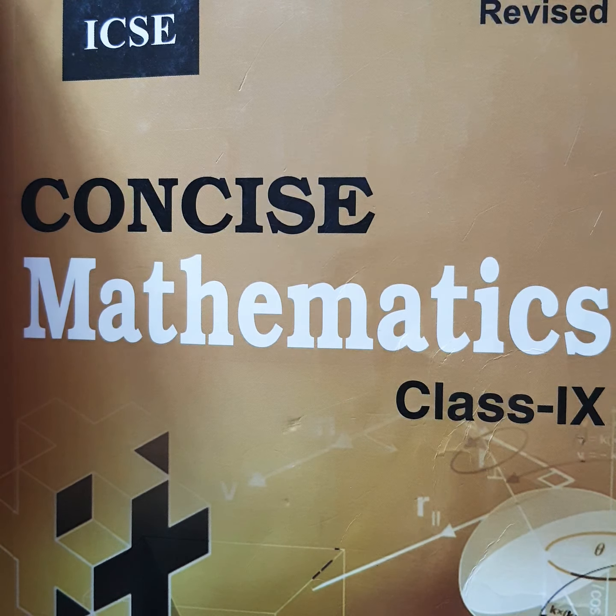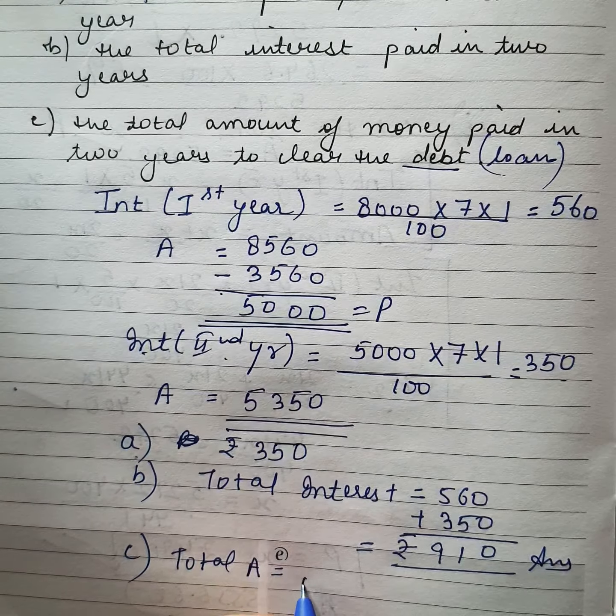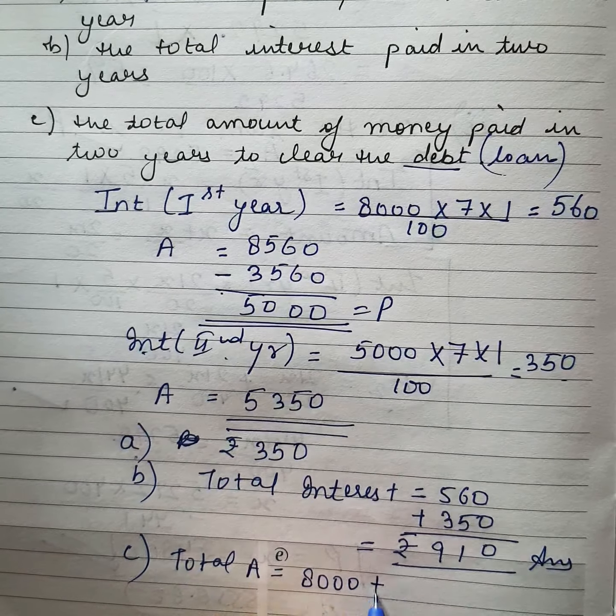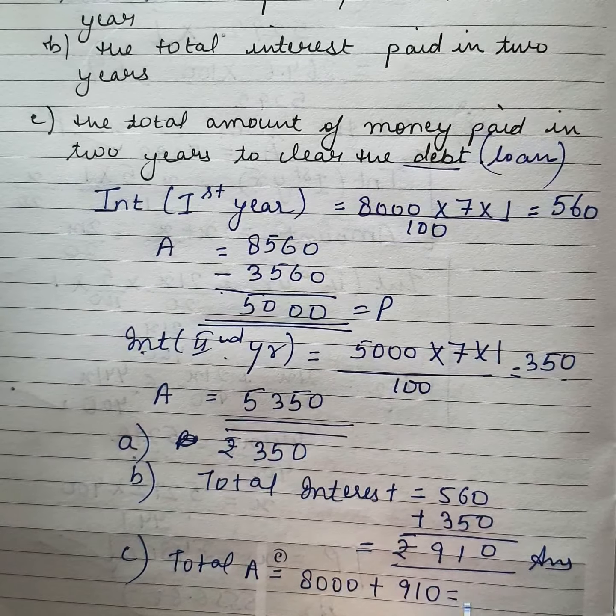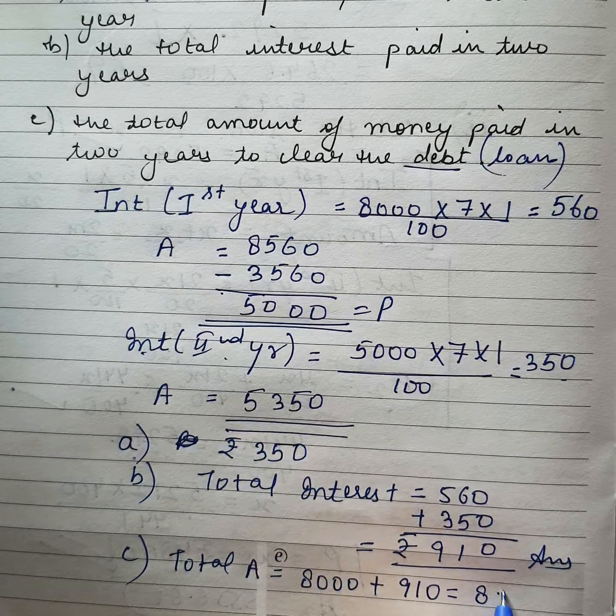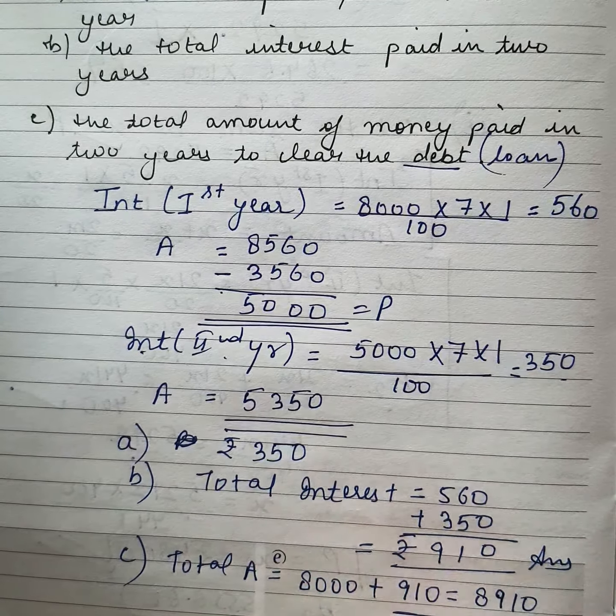Then C part. The total amount of money paid in 2 years to clear the debt, to clear the loan actually. This means loan. So total amount will be principal plus interest, which is 8910.